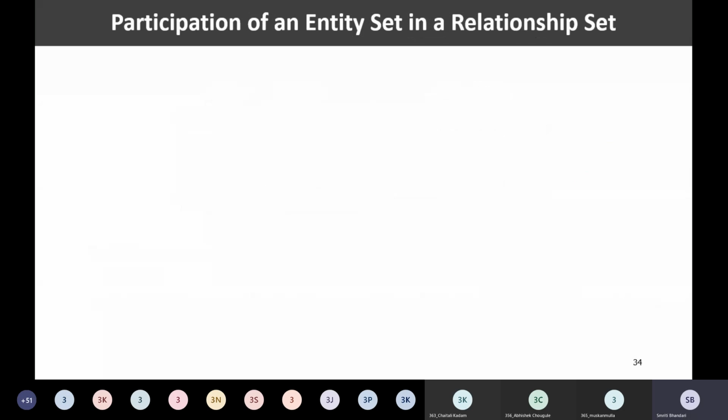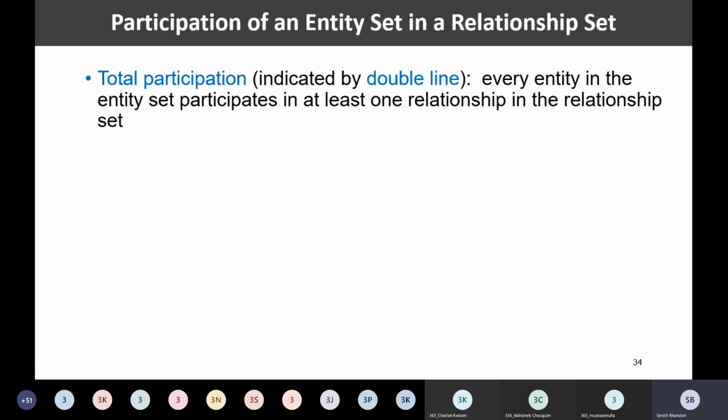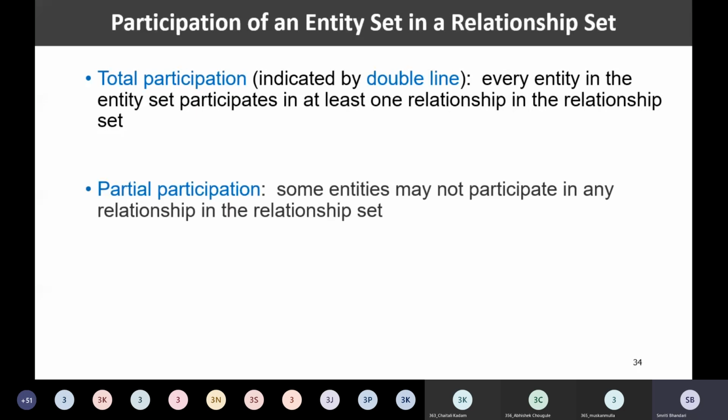Now, I would like to cover one more concept and then we are going to conclude: participation of an entity set in the relationship set. We have seen these concepts earlier, and now we are using the same concepts with the ER diagram, to depict them pictorially. There is total participation and partial participation.